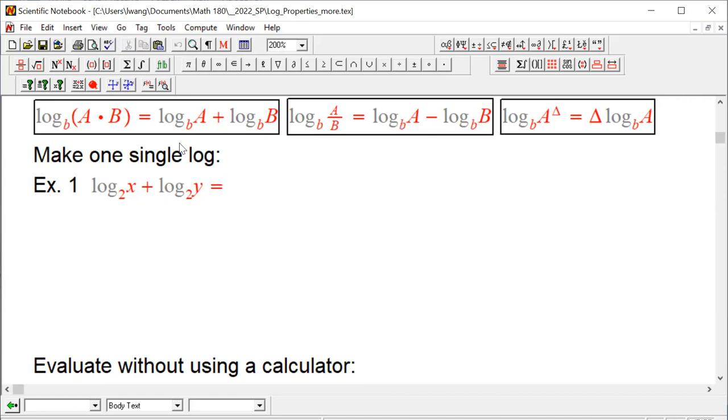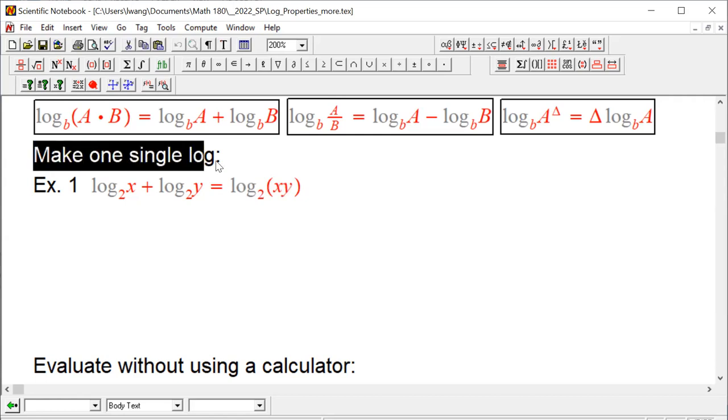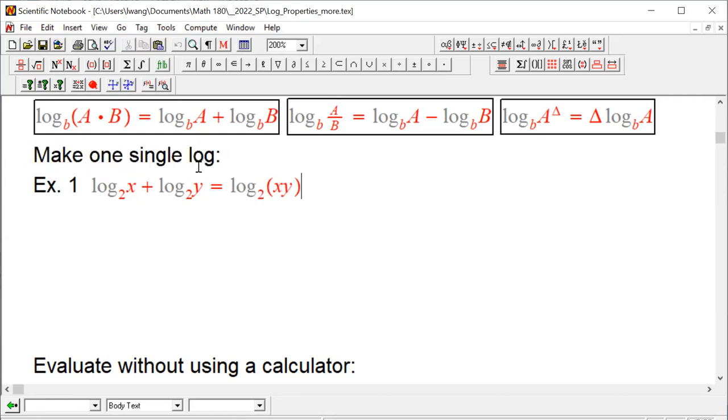So here we go. We have the same base, log base 2, and x times y. So from two logarithms in addition, we have now made it one logarithm. This is to make one single log. So this is the example.